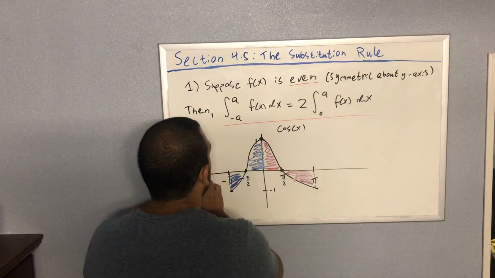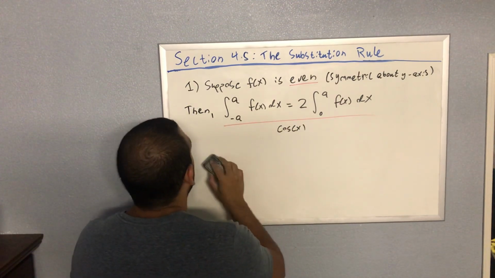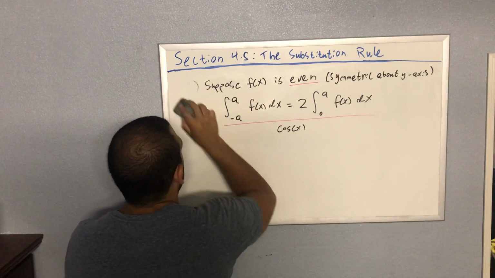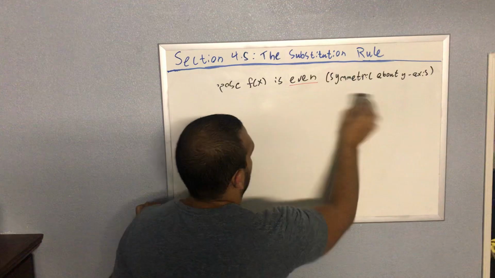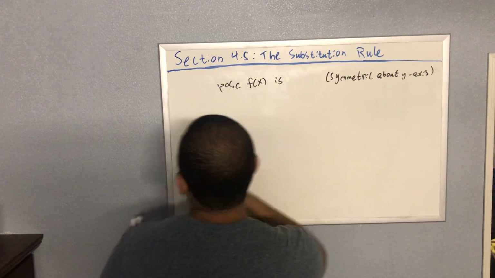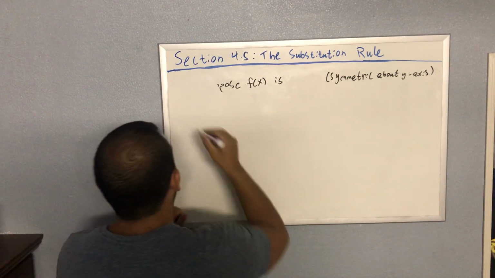It's used even more because it allows you to get rid of a lot of complicated terms. So this is one property. The second one is going to be very similar. So now instead we're going to look at an odd function. Instead of even, we're going to look at odd.